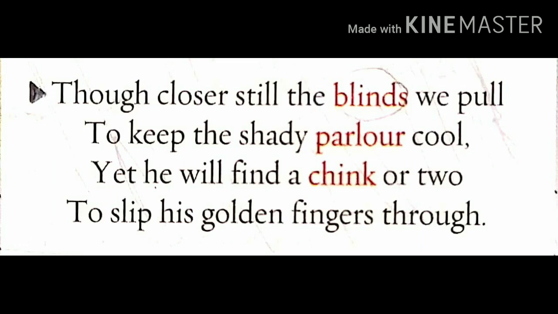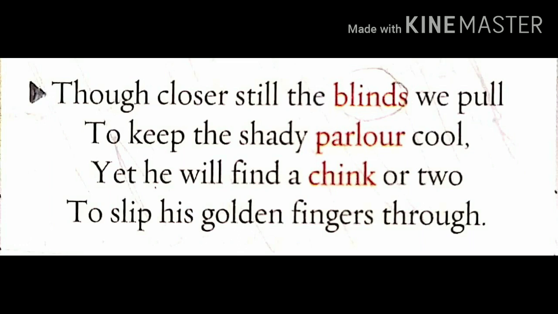Yet he will find a chink or two. Chink? What do you mean by chink? Chink is a crack or opening. So the sun is so naughty that no matter how much you cover your windows, yet he will find a way to slip his golden fingers into your room.